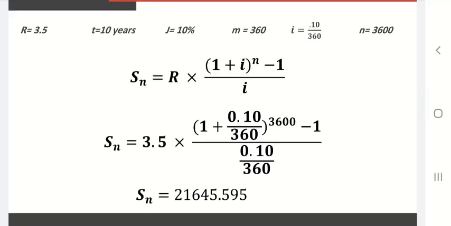In the formula, S sub n equal R times 1 plus I to power n minus 1 over I, so S sub n will be equal 21,645.595 per thousand.